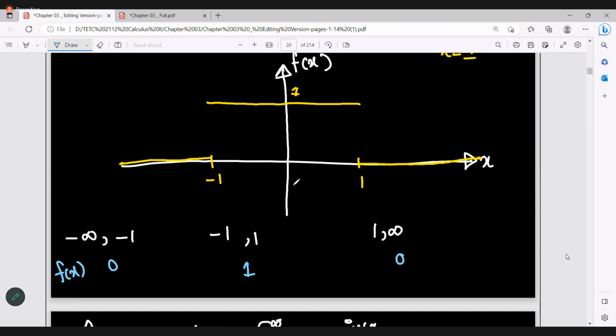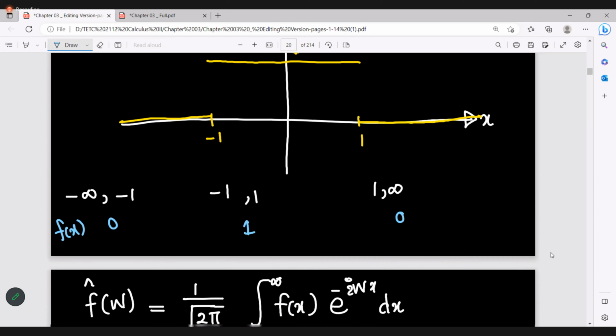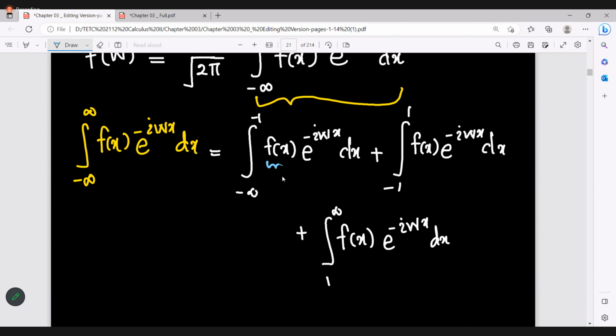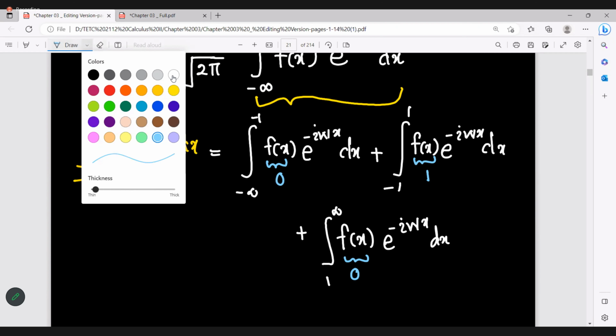So we can replace our f of x by those 3 values. So for this one, this is 0, this is 1, and this is again 0. The 0 times something is 0.